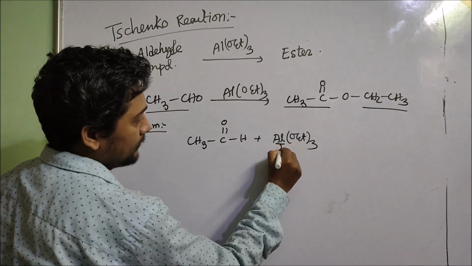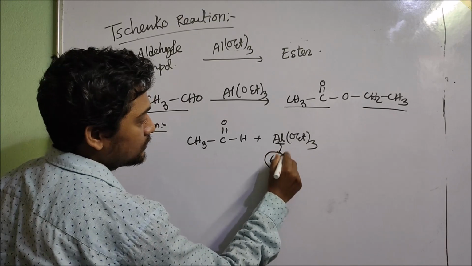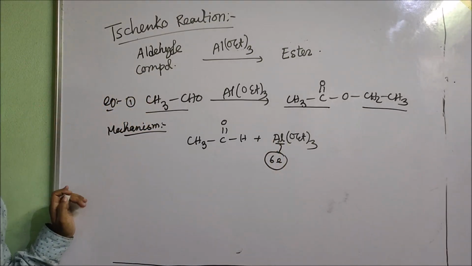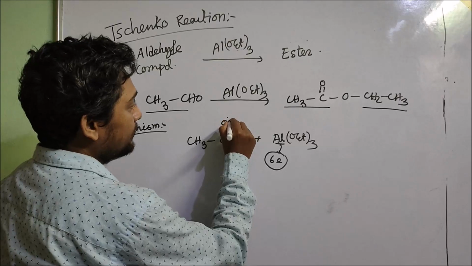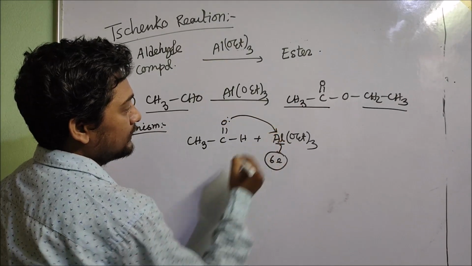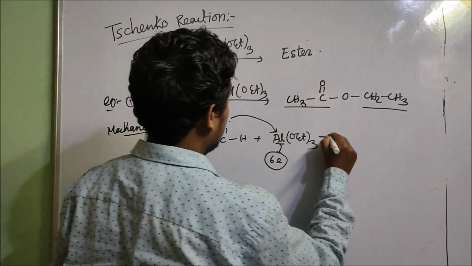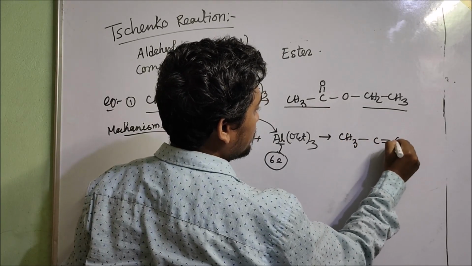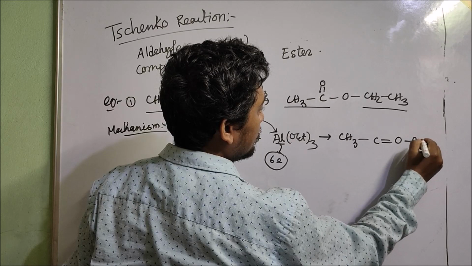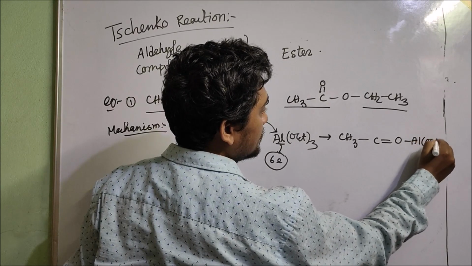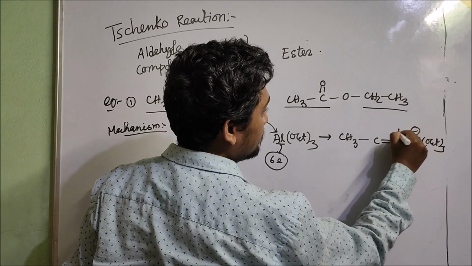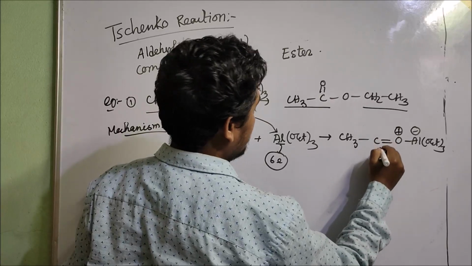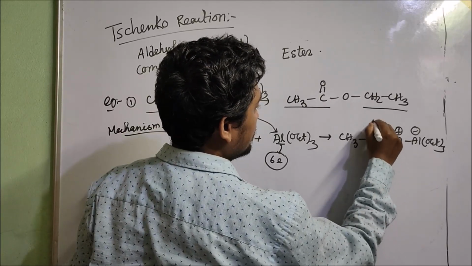This aluminum contains 6 electrons, so it does not fulfill its octet, so this lone pair will be taken, and CH3C double bond O Al(OEt)3, here will be negative, here will be positive, and there is hydrogen.